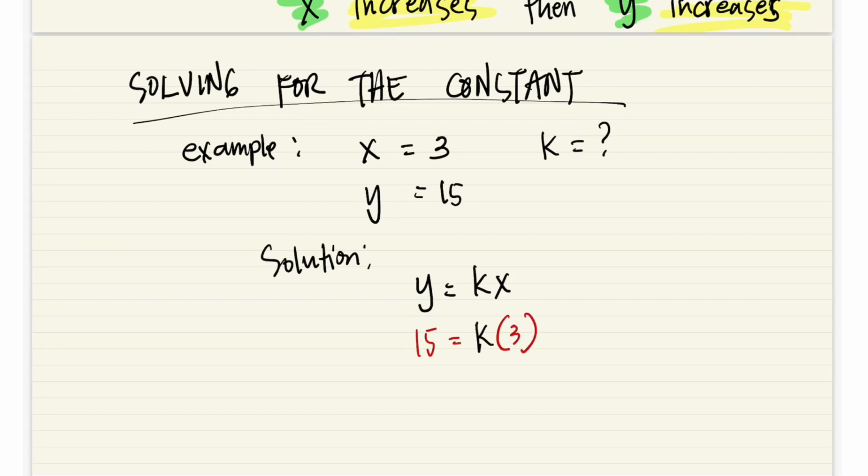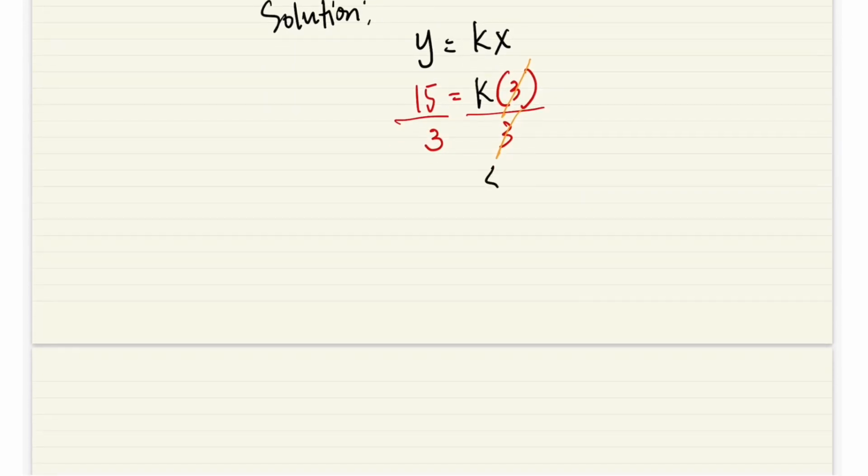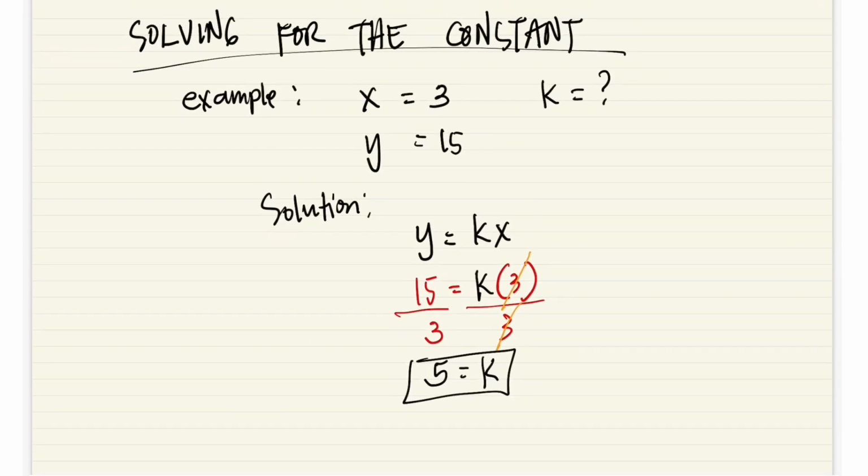Now basic algebra, we divide both sides by 3, we eliminate this, and then we have k here is equals to 15 divided by 3 is equals to 5. So k is equals to 5. So k here is the constant.